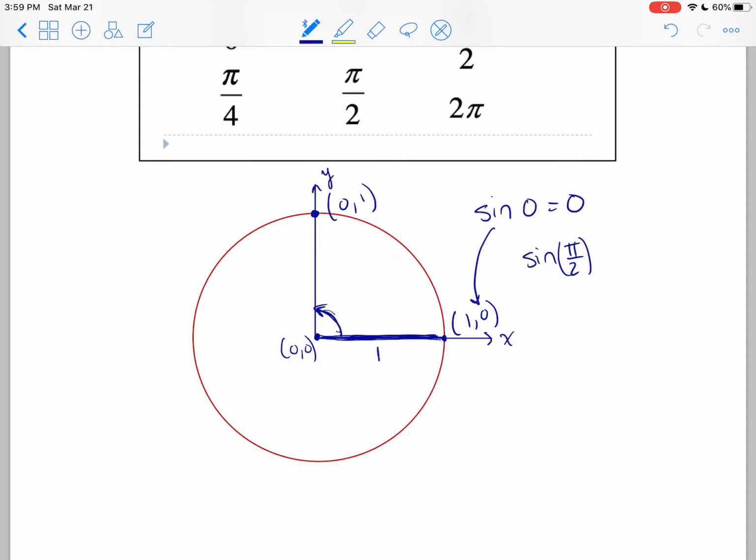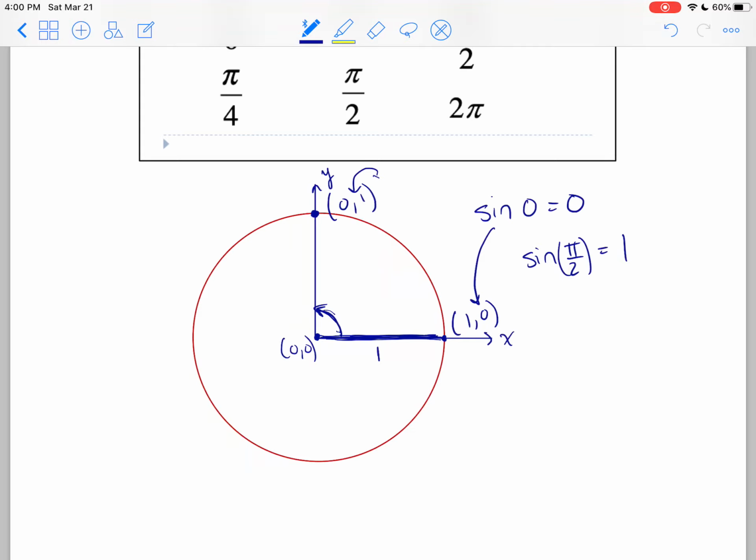Well, the point is this one up here on the y-axis, and here's the y-coordinate, it's 1, and so sine of pi over 2 is 1. And again, the idea here isn't difficult. It's just the notation that is new.